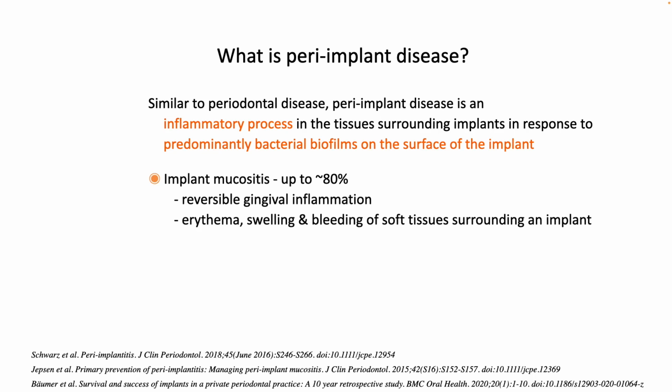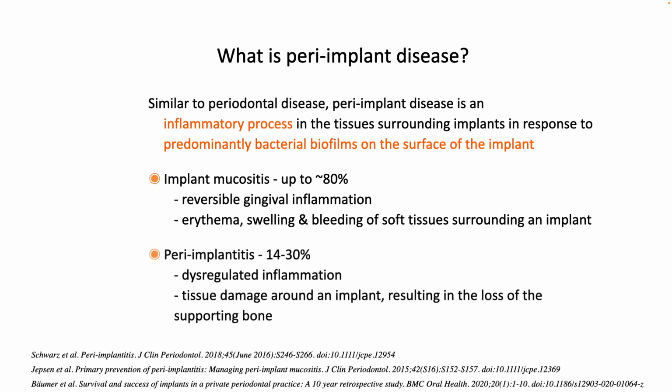We have implant mucositis, which can be present in up to 80% of implants, but it tends to be a reversible gingival inflammation where there can be redness, swelling, bleeding of the soft tissues around an implant. Or you can have peri-implantitis, which may be up to 30% of some implants. But this is very much a dysregulated inflammation where you have tissue damage around an implant and loss of the supporting bone.